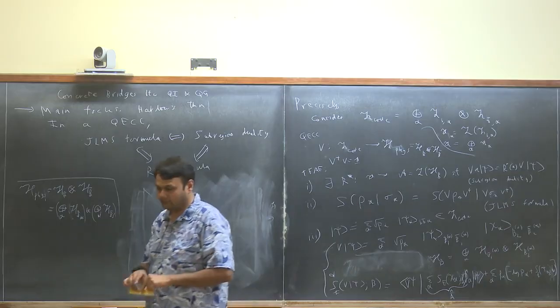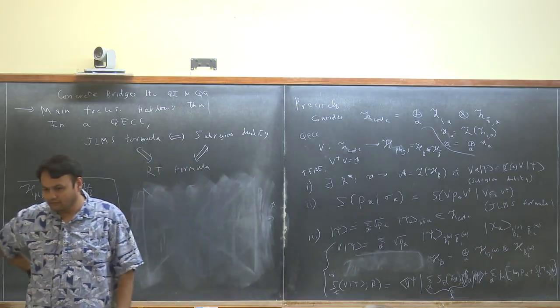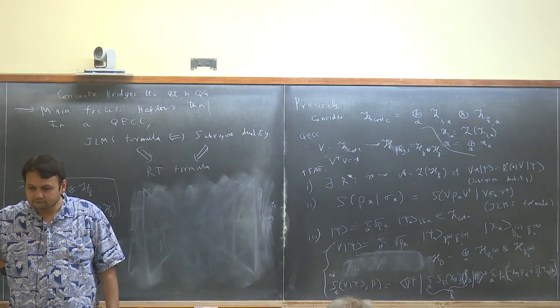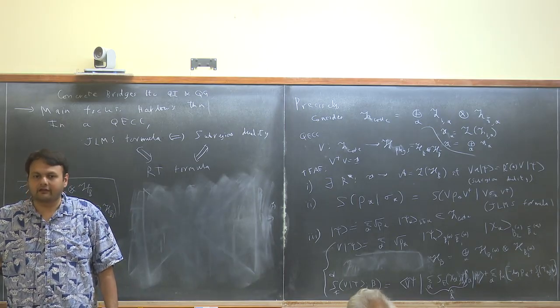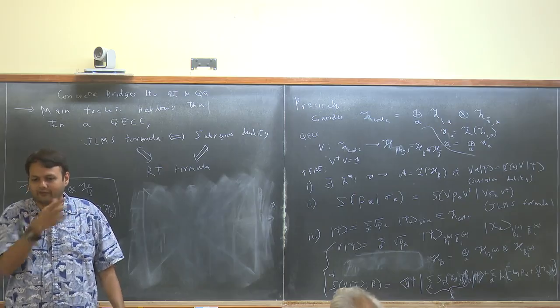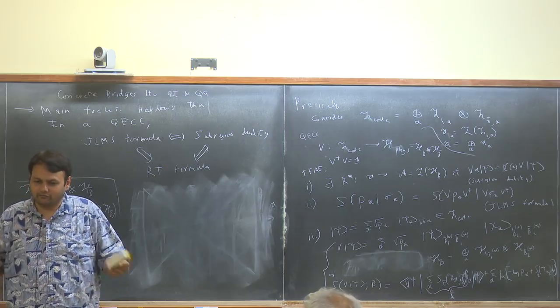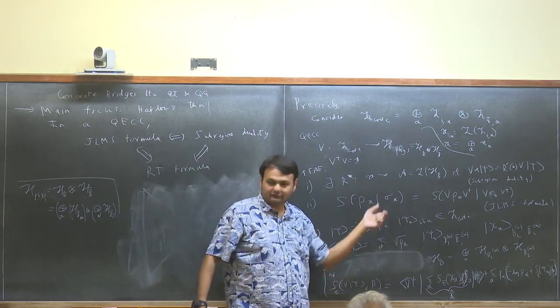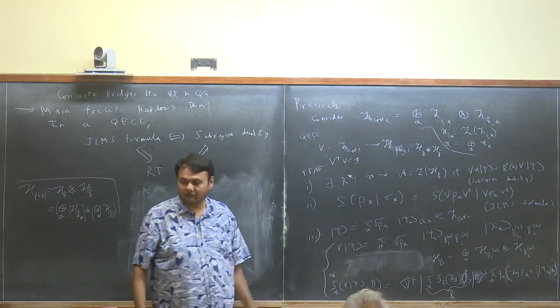If I was doing it for the full CFT, not just one-sided CFT, then there would be no B bar, because we care about subregion duality. Do you want full duality? AdS/CFT full, yes. Then there's no B bar, no alpha, and then it would be very simple.